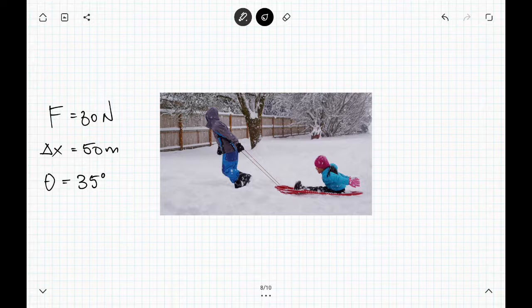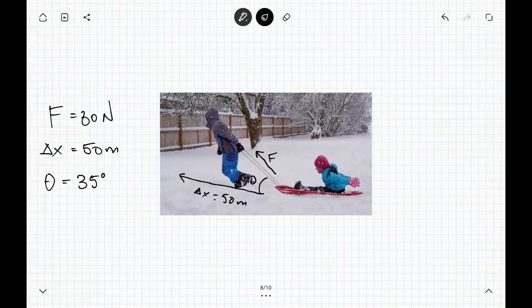So that force that we have is going to be along the rope. The sled is going to slide along this direction 50 meters. And the angle is here at 35 degrees.